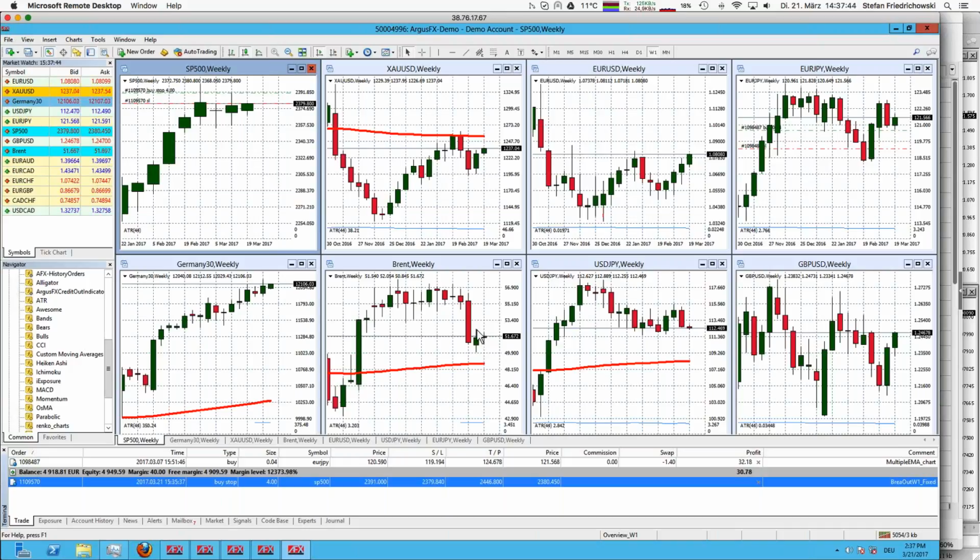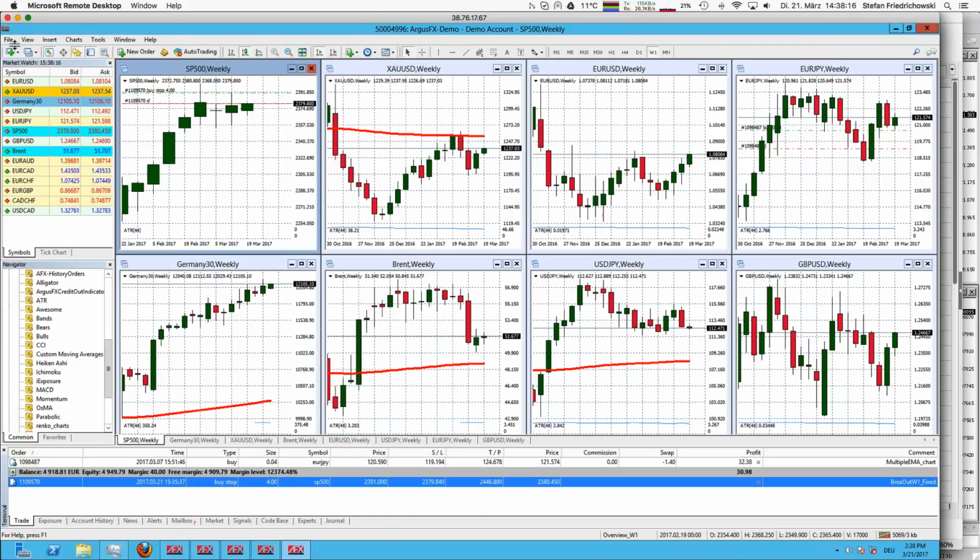Look, it's not that far away that we have the high of the previous W1 candle, so the order would be placed here. So that is in reach, but for all the others here, it's very unlikely that those orders we might place would be triggered, would be filled during the rest of the week. So Brent, keep in mind, is another opportunity.